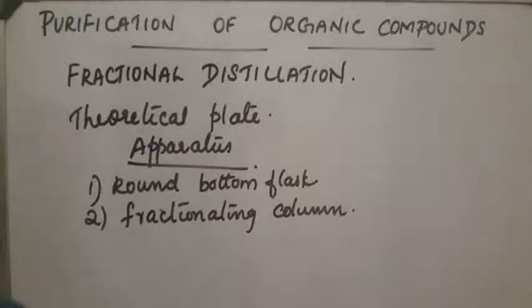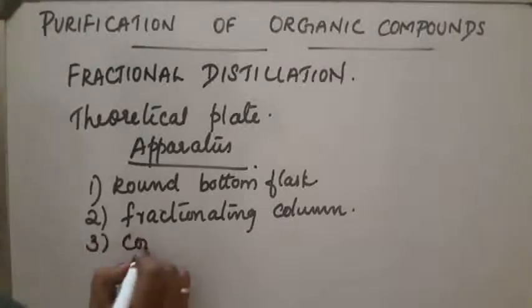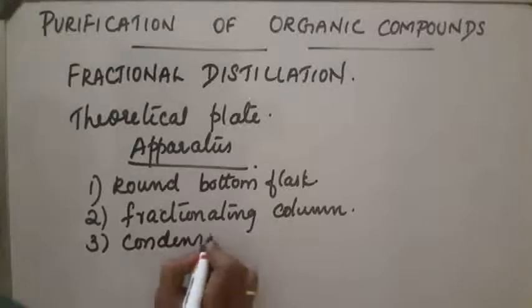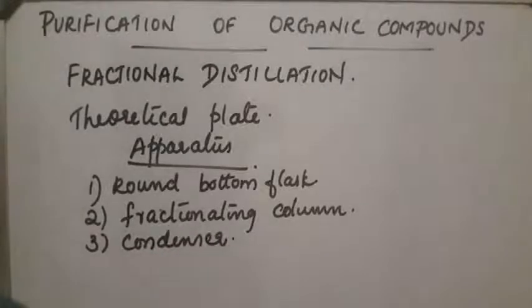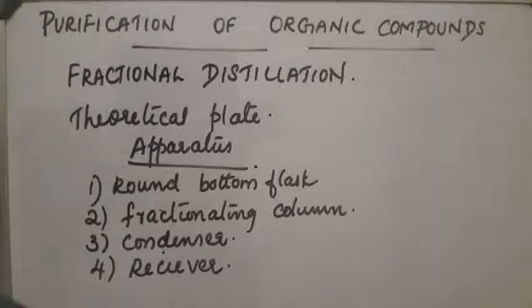Vapors will move up and condensed liquid will flow down. Next is the condenser. The vapors will move towards the condenser, where they get condensed and the liquids will be collected in the receiver. The fourth part is the receiver. These are the different parts of the apparatus in fractional distillation.